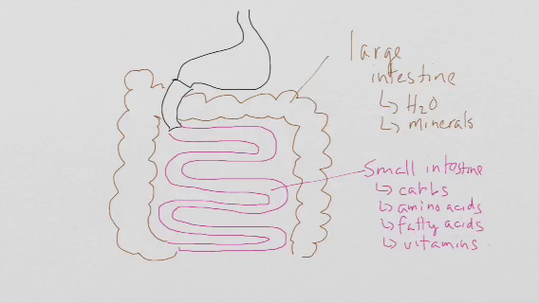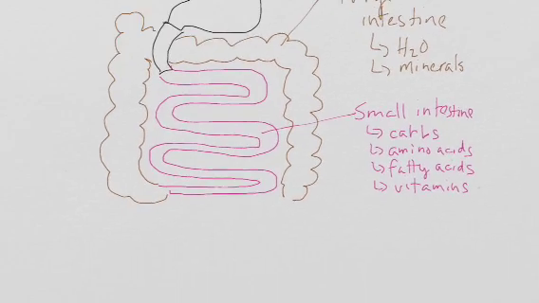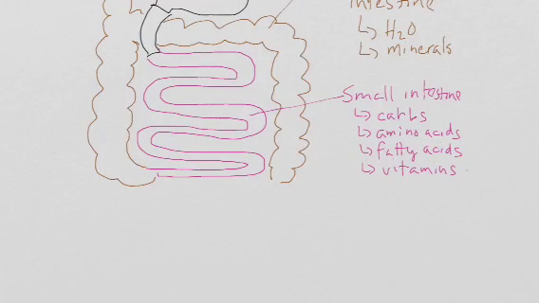The small intestine has a diameter of about 1 inch. It's got an external diameter of about 1 inch, whereas the large intestine has a diameter of anywhere between 1.5 to 2.5 inches.